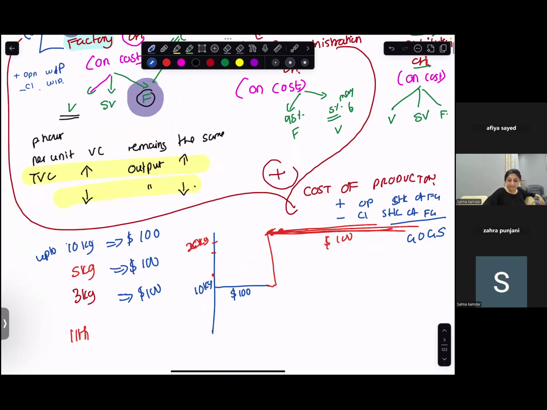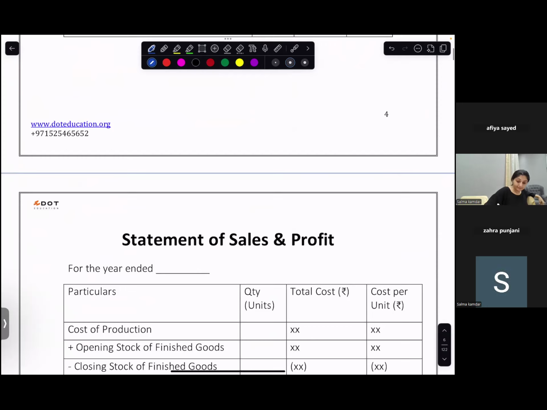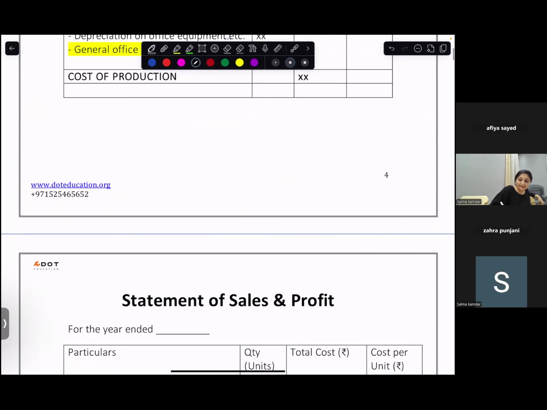Please understand this concept over here. First, I did my direct costs and I added factory overheads. I adjusted it for work in progress. So I got the cost of doing the things in my factory, or the works cost. In that, I added my office and administration overheads.